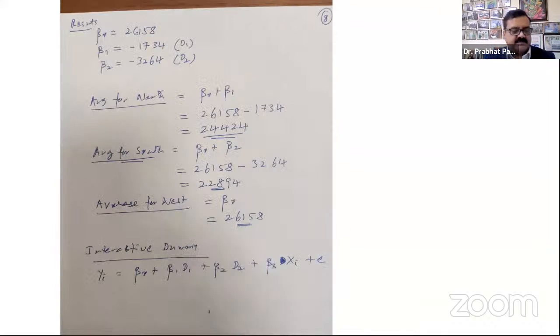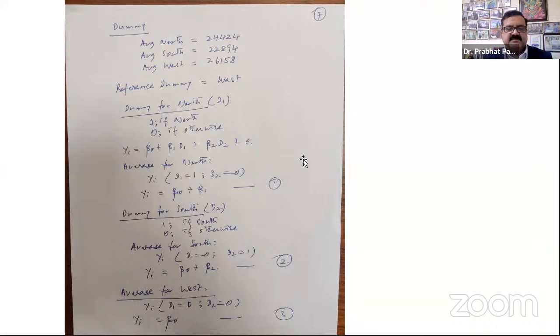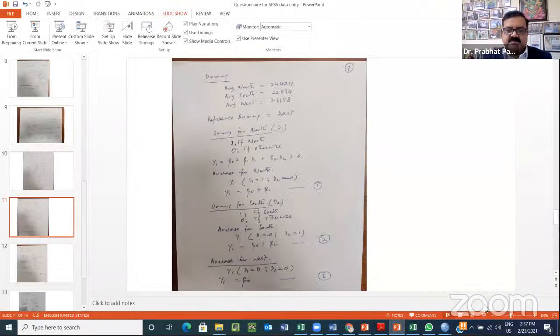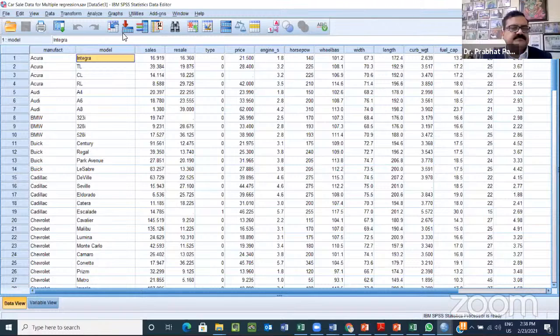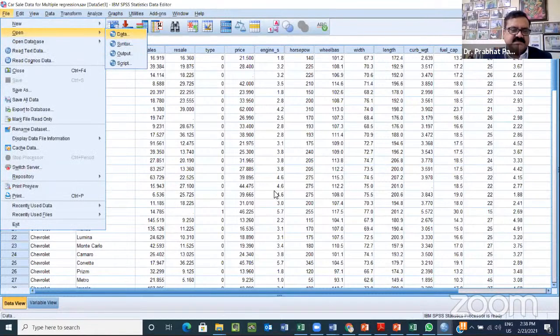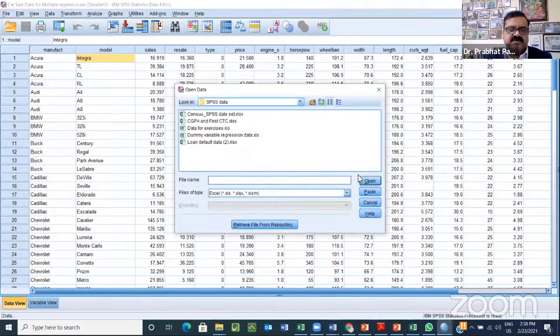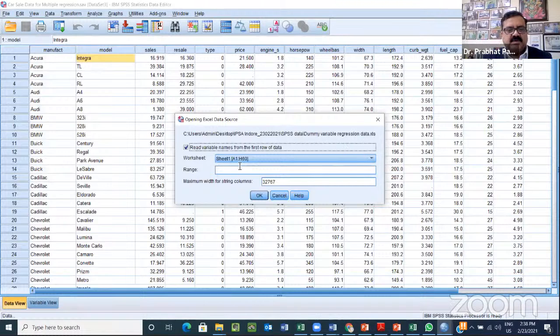Let me first go to the data. I think then only I can discuss this. So I have to fetch data. This time I'm going to fetch data from an Excel sheet again. So the dummy variable regression data. This data is also with you. Let me see the range I have to import.